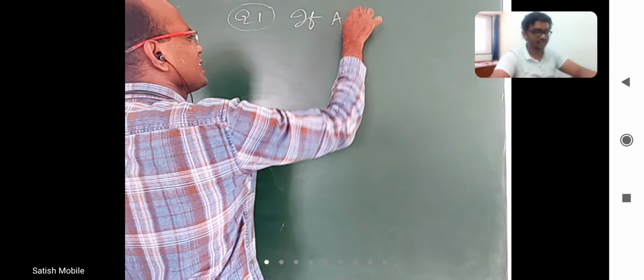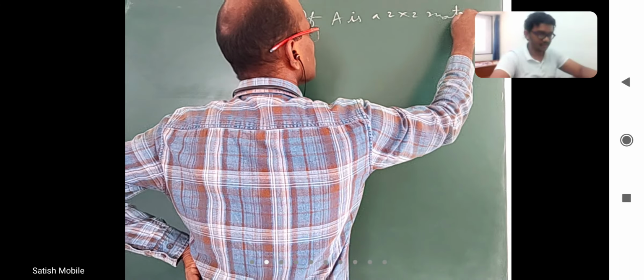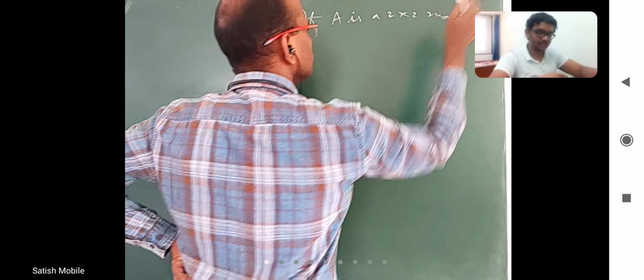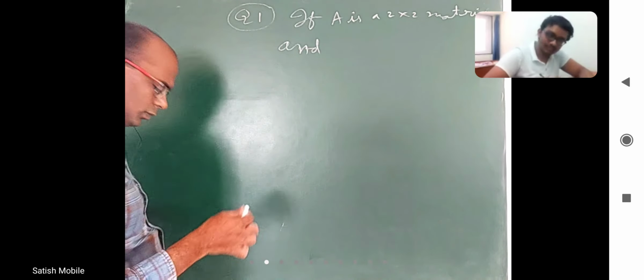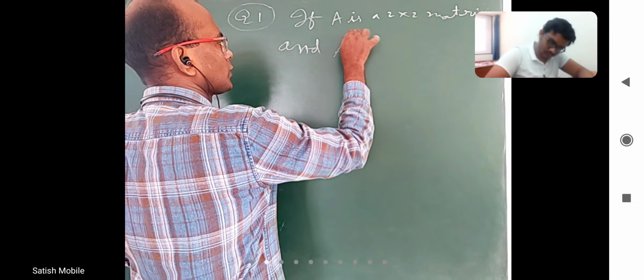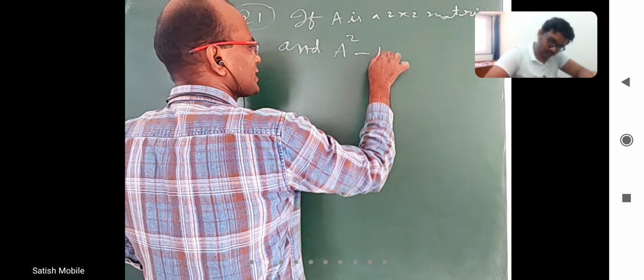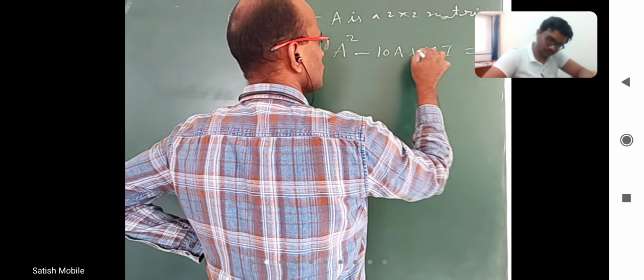If A is a 2 by 2 matrix and A square minus 10A plus 16I equals 0.